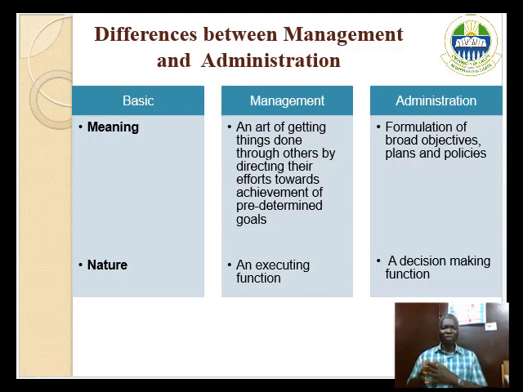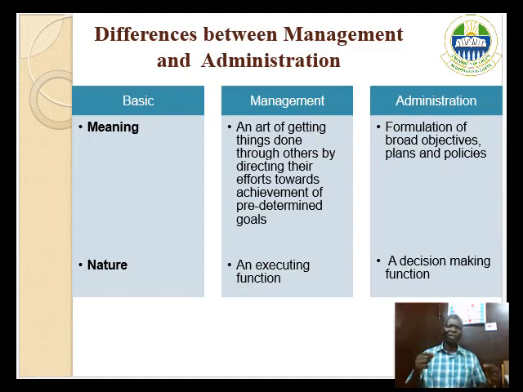We look at administration. There are some people that are involved. Administration is involved in the formulation of policy, or the broad objectives of plans and policy. So administration is all about formulating policy, and who are those people involved in these formulations.